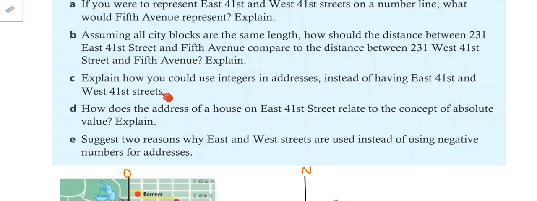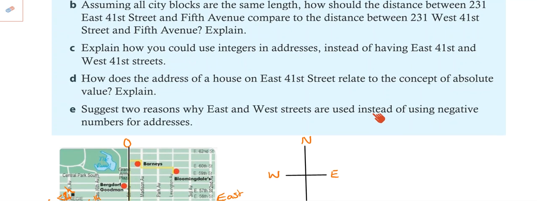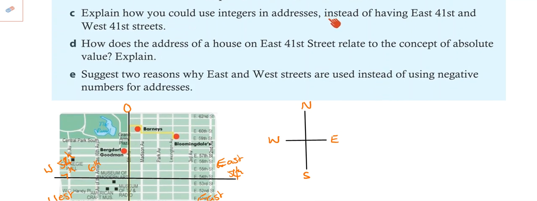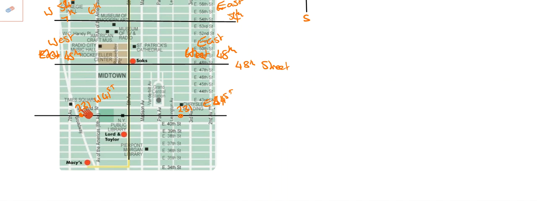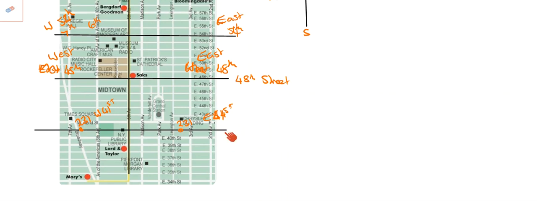Now, looking at that, explain how you could use integers in addresses instead of east and west. That's the next section. If you were not allowed to have east and west, what would you call 231 east compared to 200?